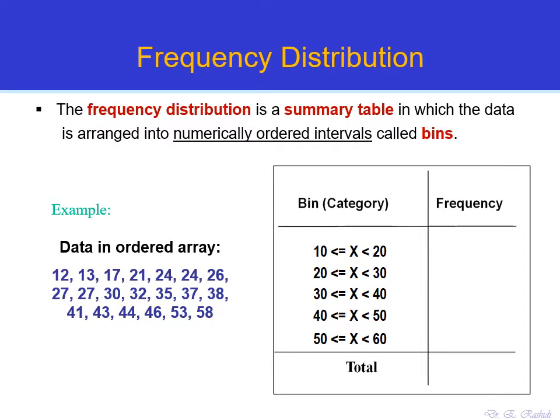So let's see. For example, for the first category, the numbers between 10 and 20, how many numbers do we have in this interval? We have 12, 13, and 17. That's 3. The frequency of this interval is 3.